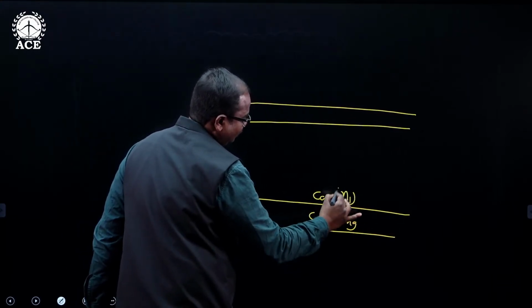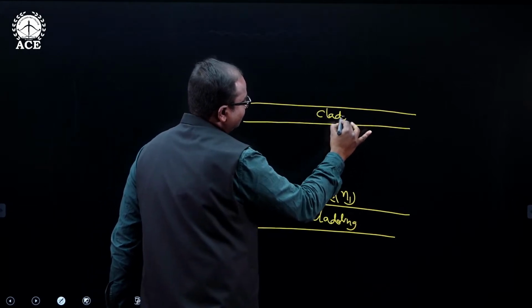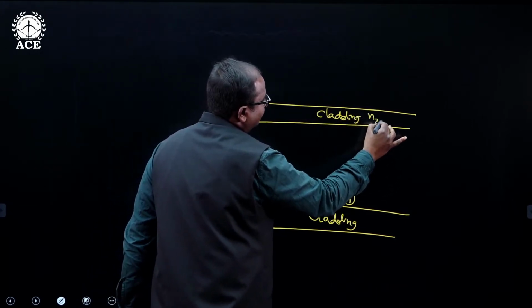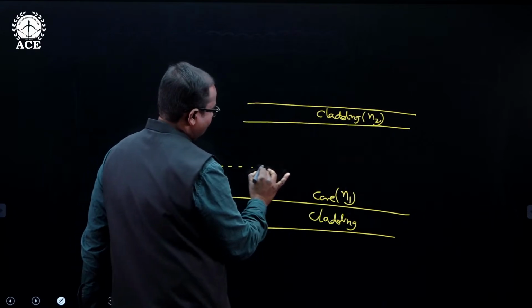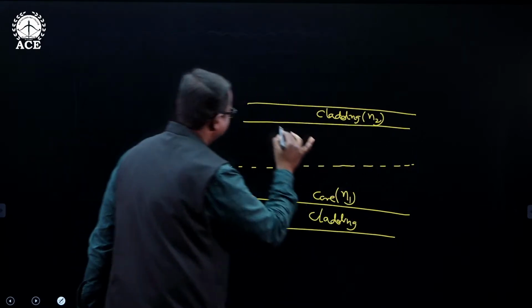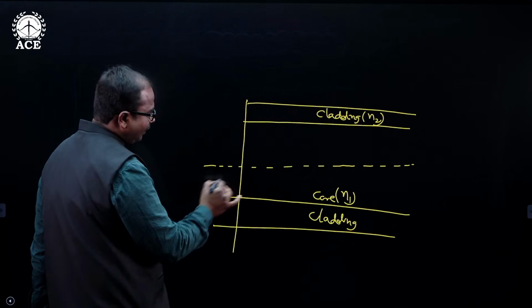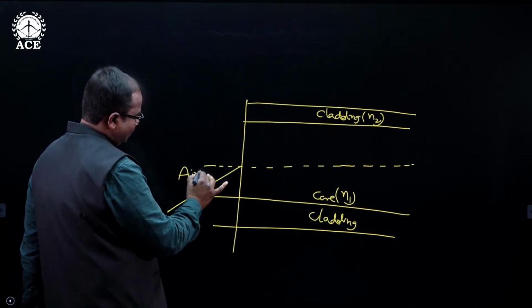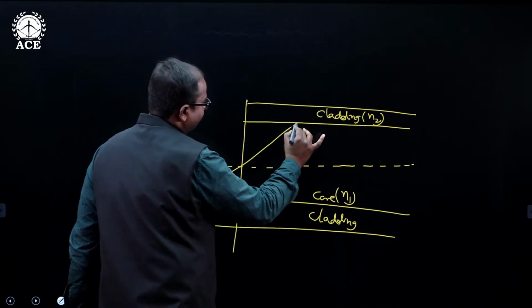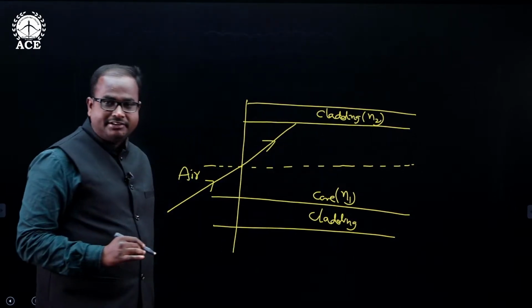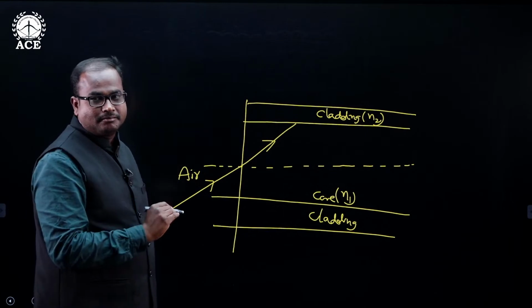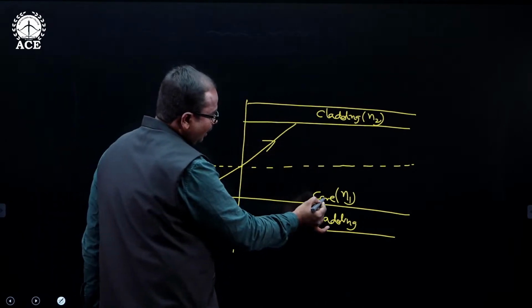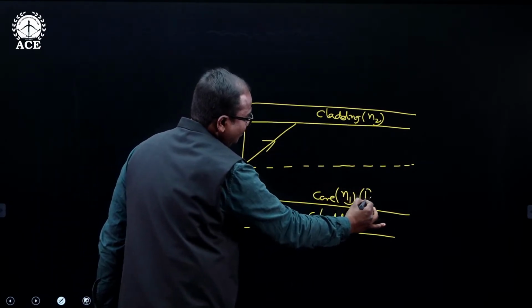This is the fiber axis. When the light ray is going from air medium to core medium, and from here onwards the light ray is going from core to cladding, I already told you core will act as denser medium.